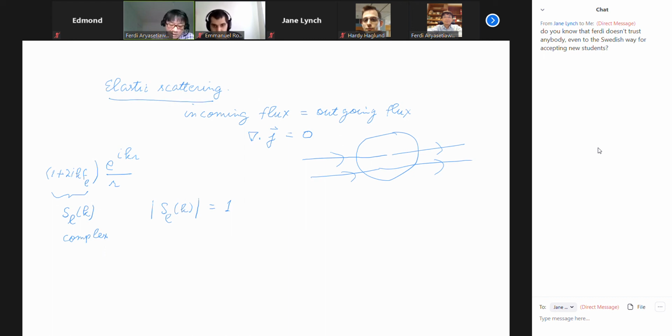So the scattering potential can only alter the phase of the incoming wave function. This is because the scattering potential can only change the phase, but not the amplitude.